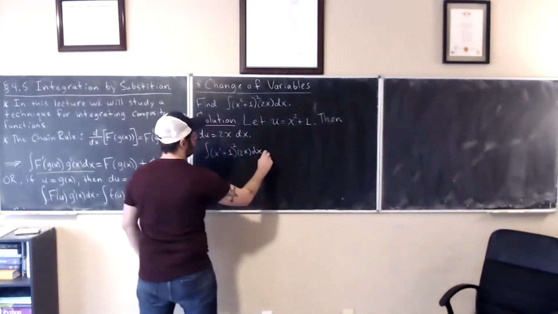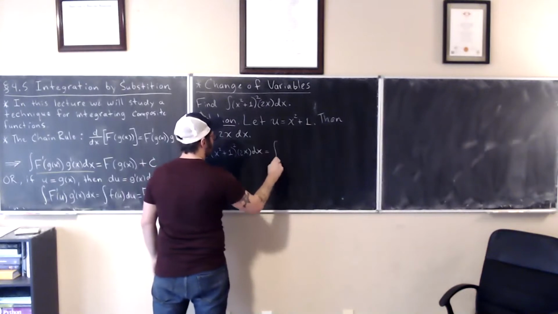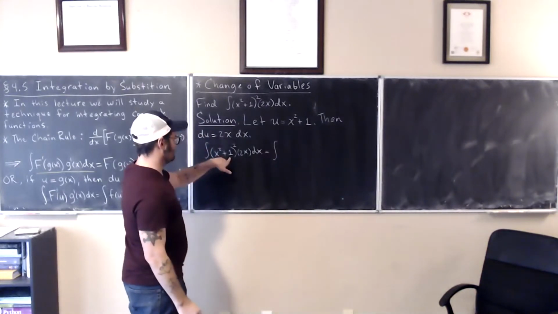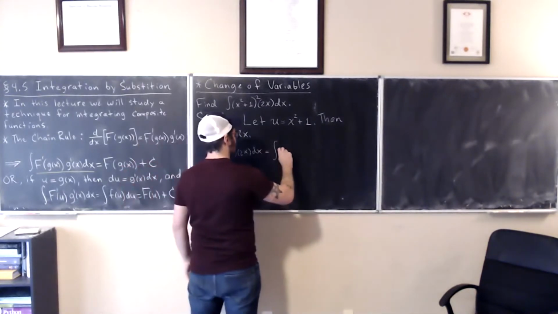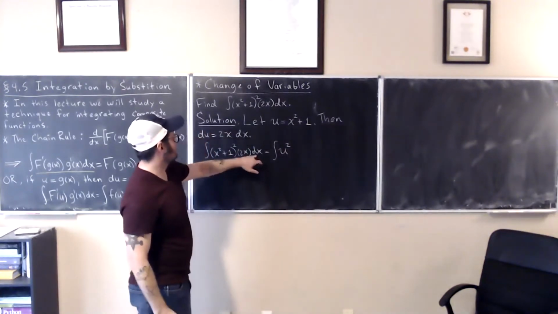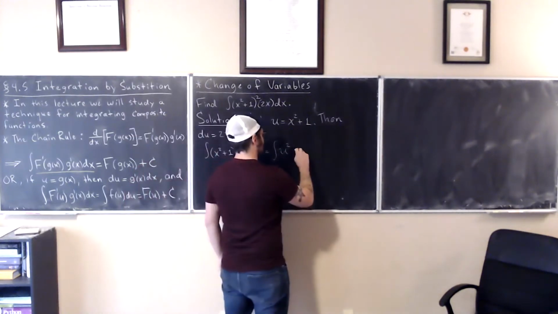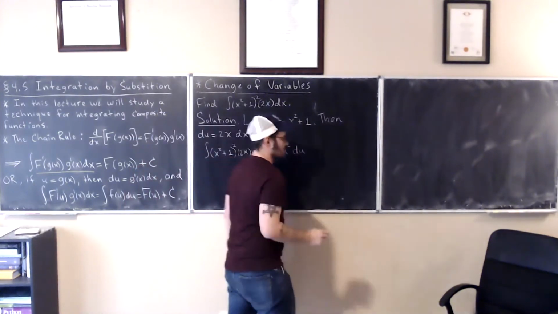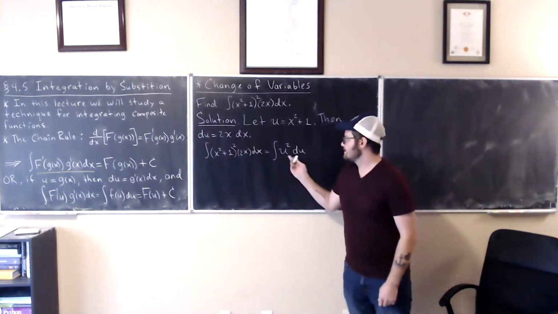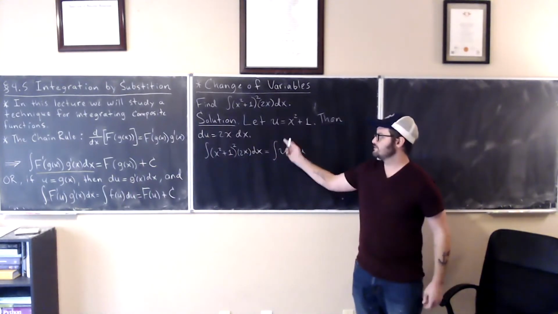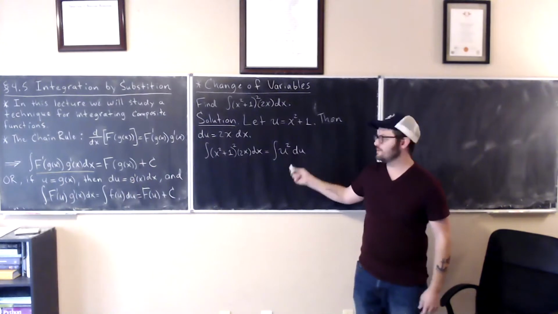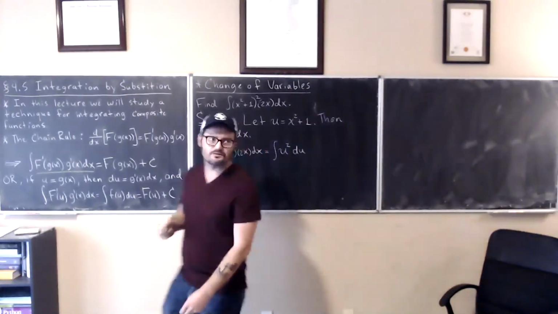So here we have u squared, and then 2x times dx, well, that's just du. So then this indefinite integral becomes an integral in terms of u of this form. And we know how to find the antiderivative of something that looks like that, right?